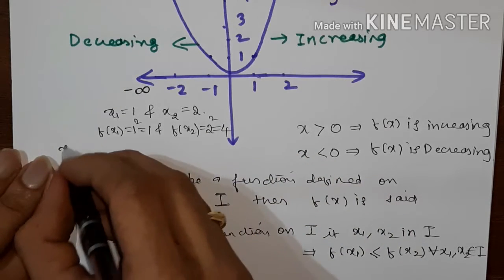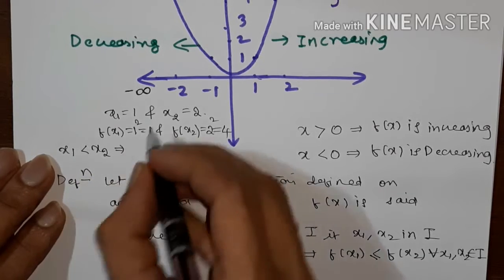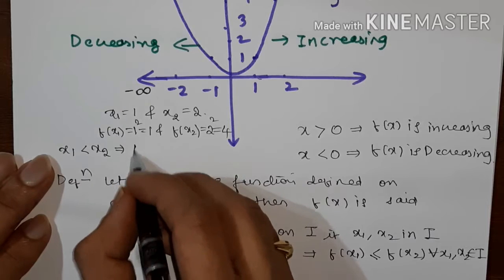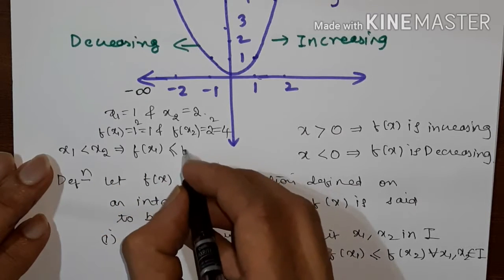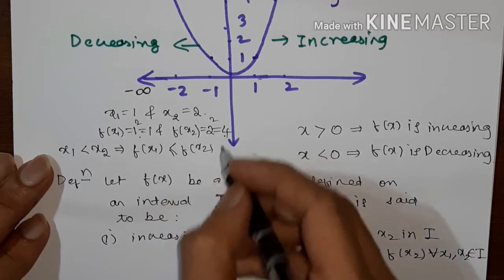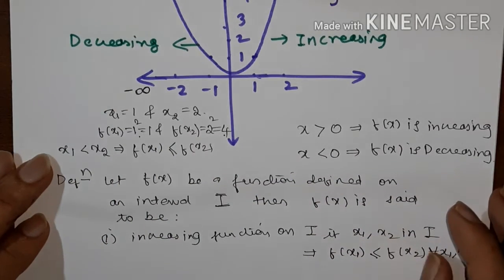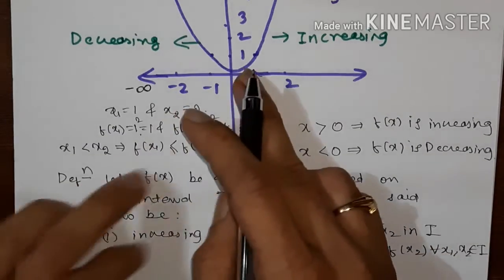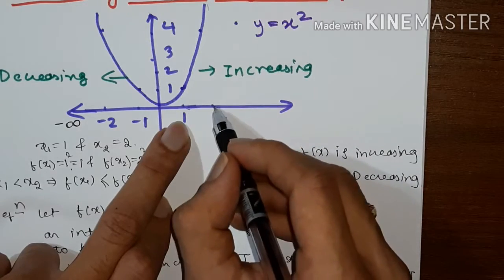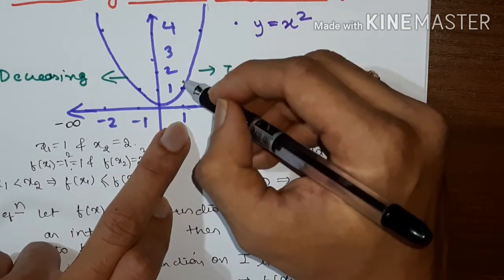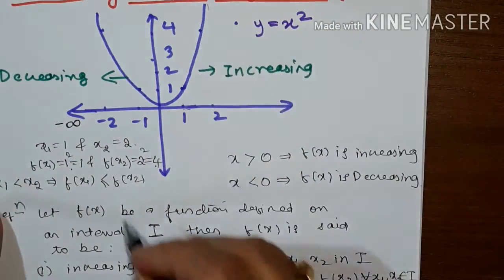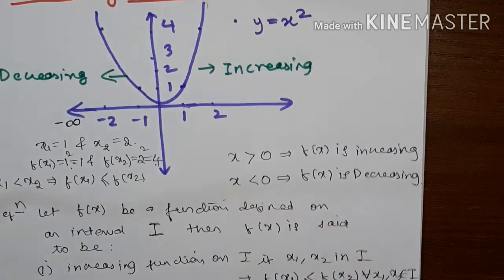So x1 is less than x2 implies f(x1) is less than or equal to f(x2), because f(x1) is 1, which is less than or equal to 4. Here we are taking the points on the right hand side of 0, the positive numbers, where the function is increasing, and the definition also gives us that.